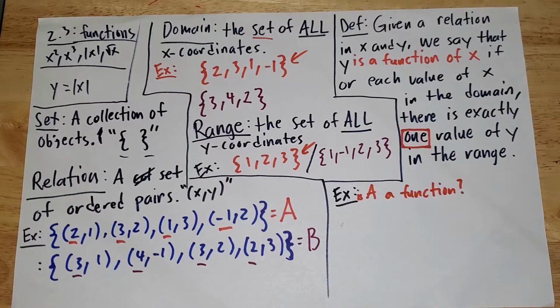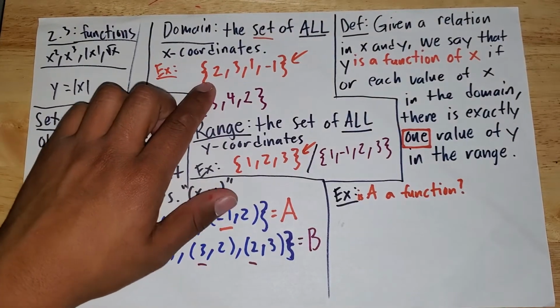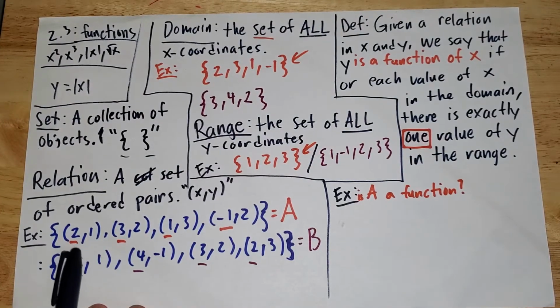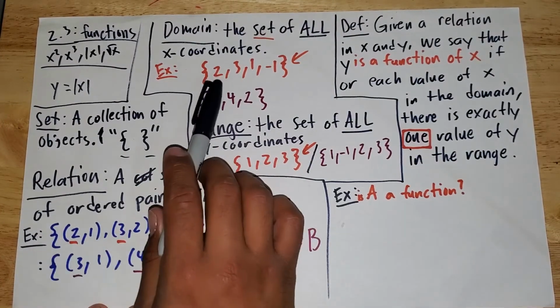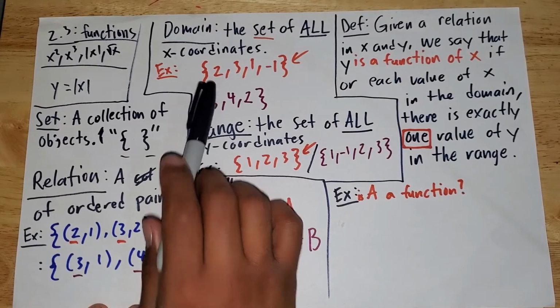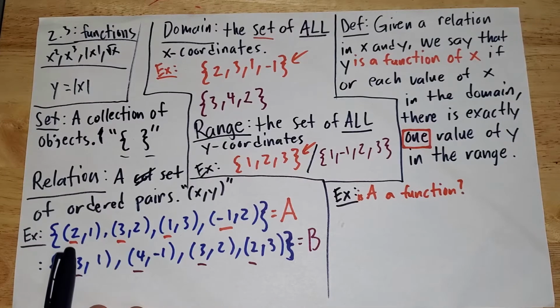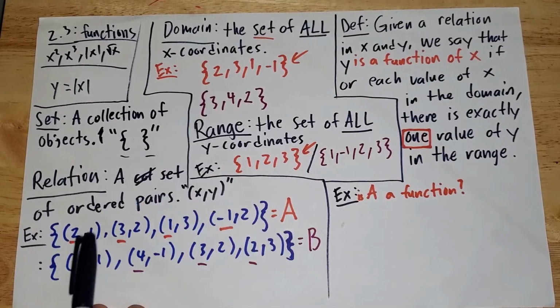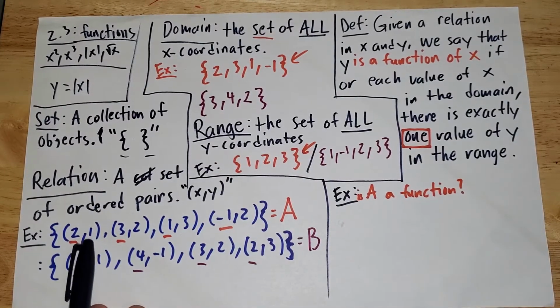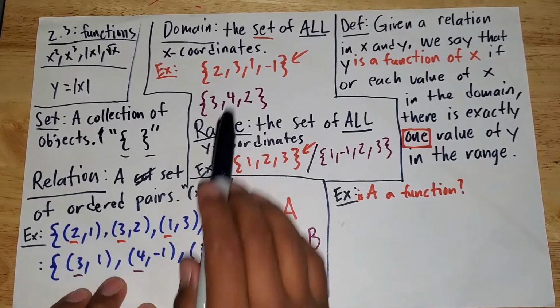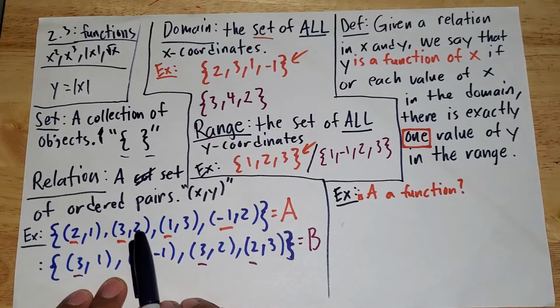So we have to look back at the ordered pairs, because the ordered pair is telling us which of these y's that value of x in the domain corresponds to. So we see that 2, the first one, corresponds to 1. That's one y. So that's good. We see that this 3 corresponds to a 2.